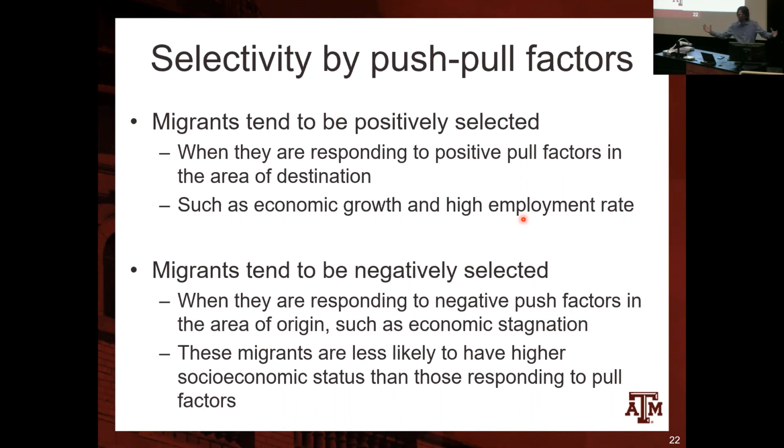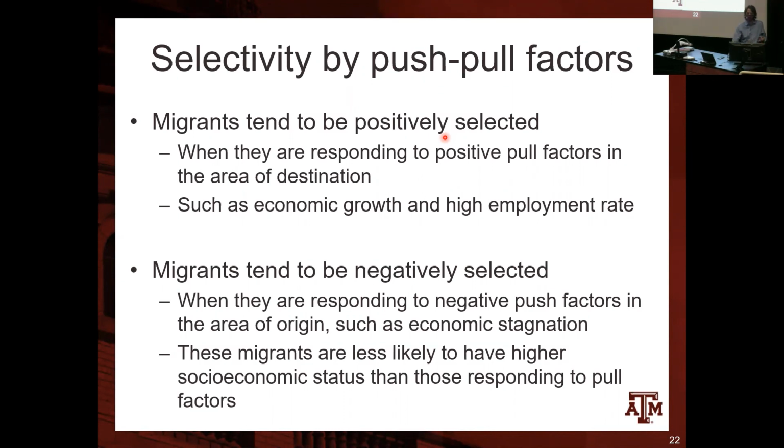But usually the US has really good job opportunities, life conditions that attract these people. So these immigrants that are attracted by these good conditions are usually positively selected. Positively selected, what does it mean? That on average, they have good health outcomes, good education outcomes, good occupational skills.